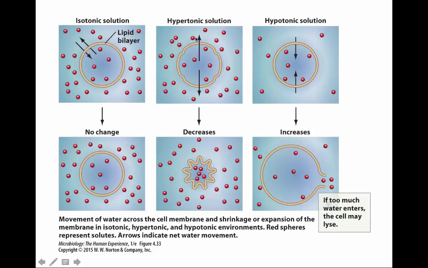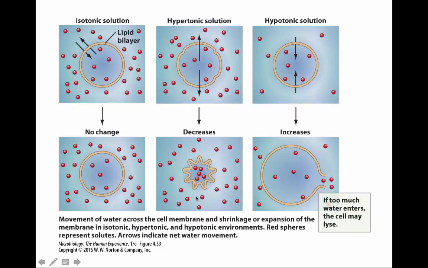Now, if the cell finds itself in an environment where there's a higher concentration outside of the cell, so a salty environment or a high sugar concentration outside of the cell, we call that a hypertonic solution. And water will leave the cell to help balance that concentration out. So here you see the cell shrinks because the water has left, and we now have a more balanced concentration gradient.